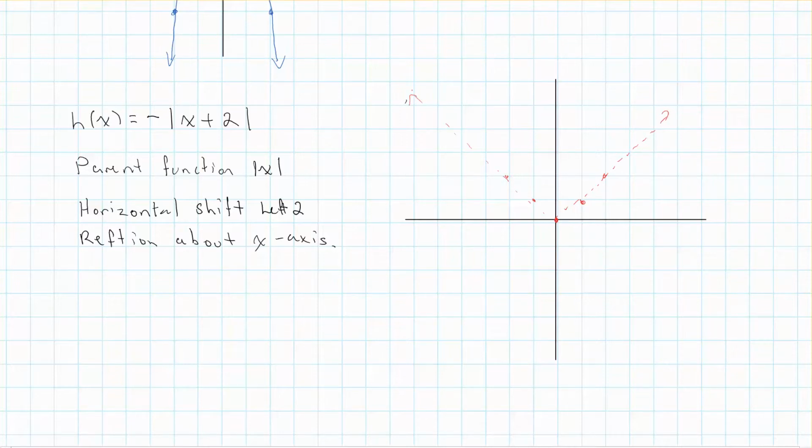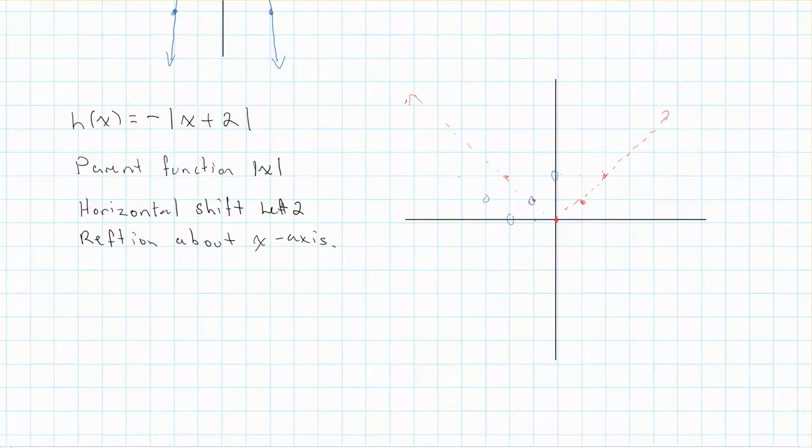But now we're just going to do the same thing we did with the other transformations. We're going to apply the transformations, and again you have to apply them in the correct order, and we'll look at another absolute value example just to illustrate what we mean by doing them in the right order. So we first have a horizontal shift left 2, so I'm going to draw circles: 1, 2, 1, 2, that point, 1, 2.